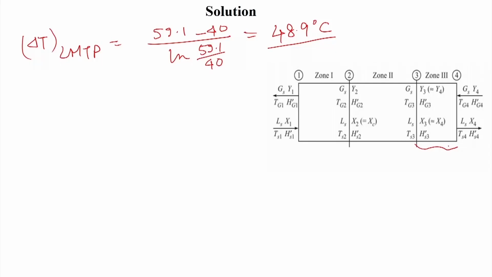In this zone the temperature driving force is about 49 degree Celsius. We have already derived, in the previous class, that T3 is Q by Ss into A prime into Hc into LMTD.